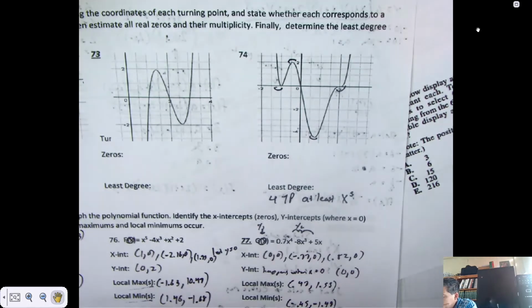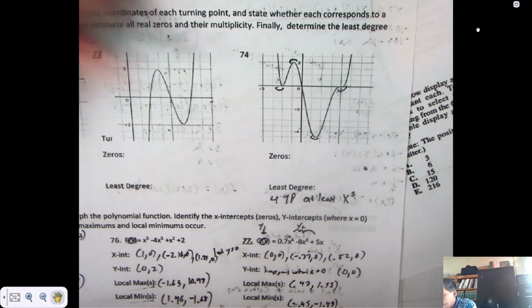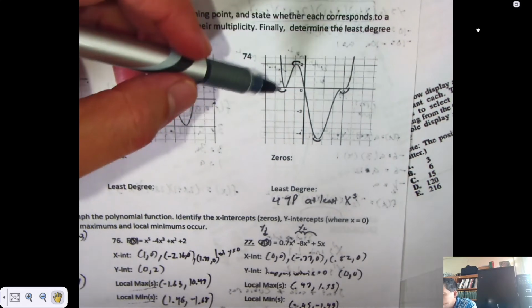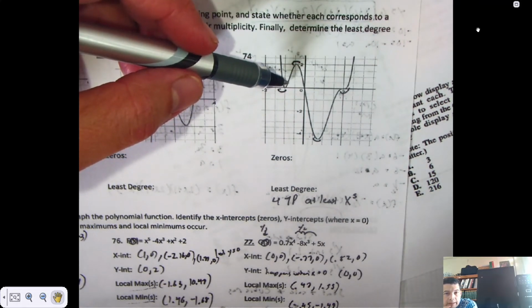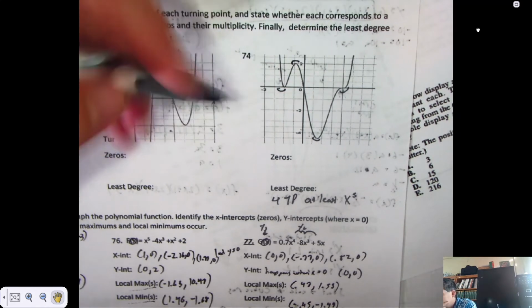All right. What else are we supposed to do? State whether each corresponds to a local max or local min. All right, so this is a local max. It's at negative 2, 0.